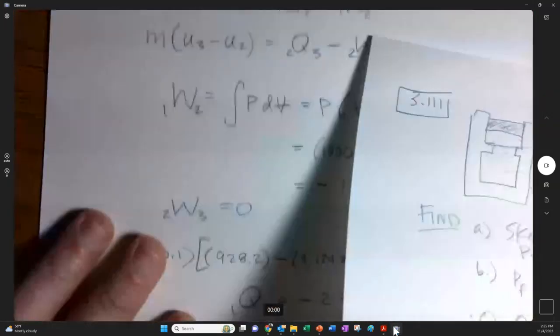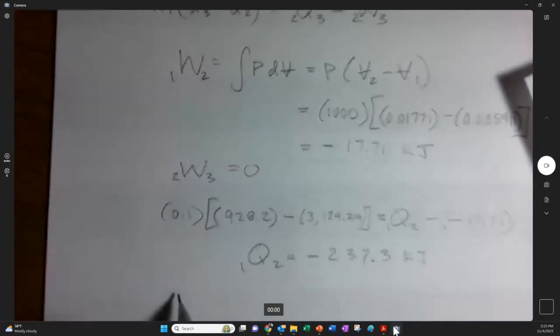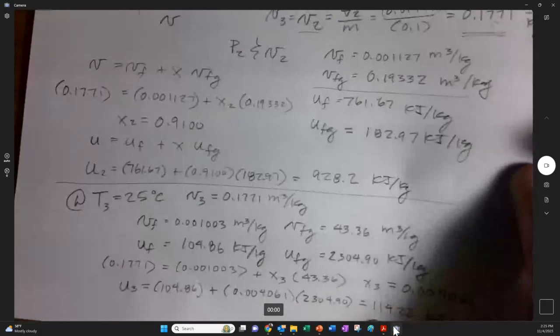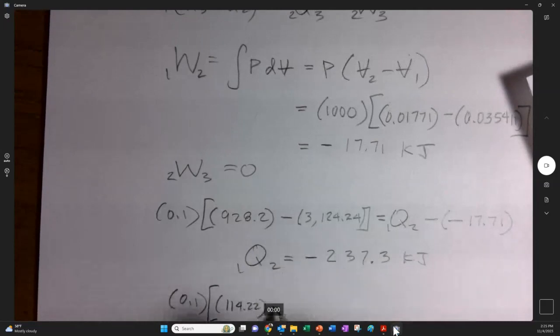But now we also have to go between steps 3 and 2. So the mass is 0.1, and this is going to be stage 3, which is only 114.22, minus 928.2.